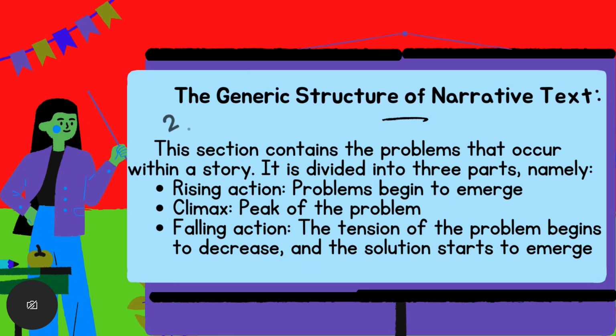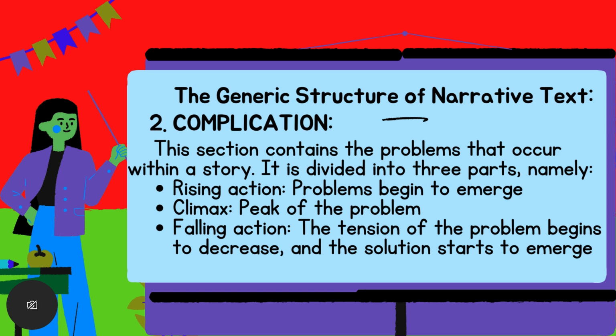The generic structure of narrative text number 2 is complication. This section contains the problem that occurs within a story. It is divided into 3 parts, namely rising action, climax, and falling action.